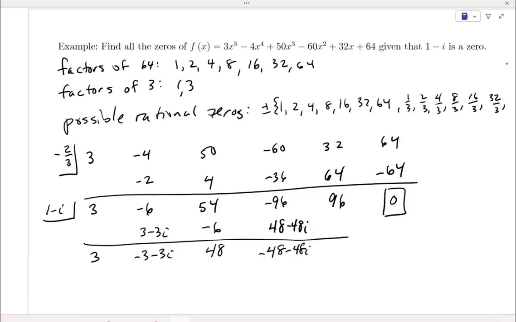Okay. So let's see if we get negative 96. Man, I hope so. 1 times negative 48 is negative 48. Negative I times negative 48i is positive 48i squared, but that's negative 48. We really do get negative 96. Negative 48i plus 48i, they do cancel, so we really do get 0.